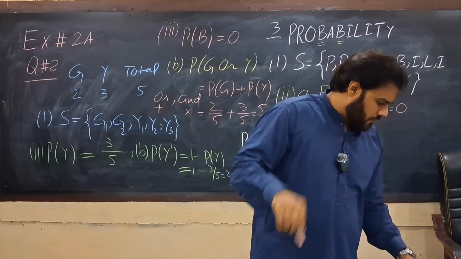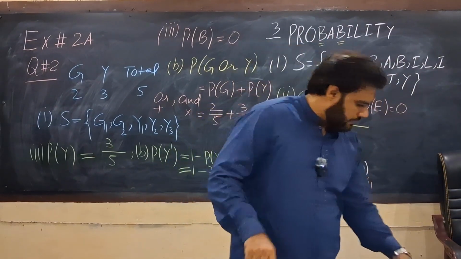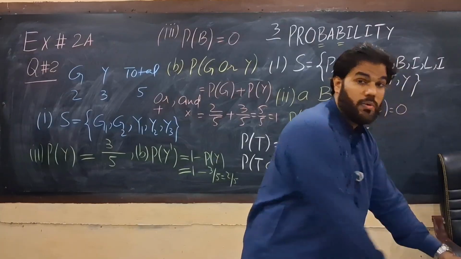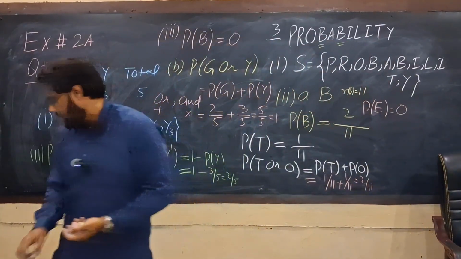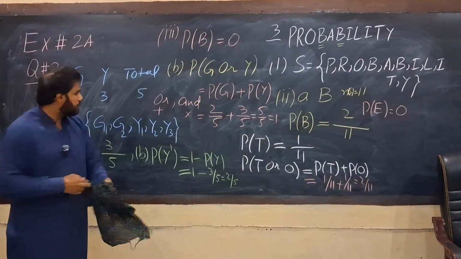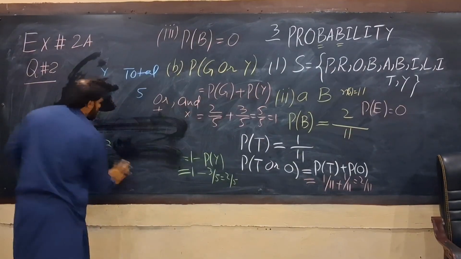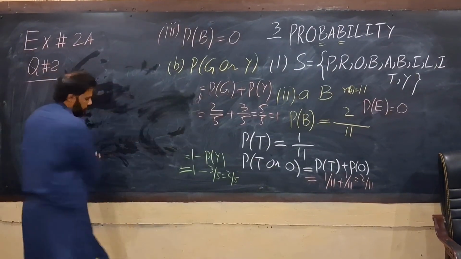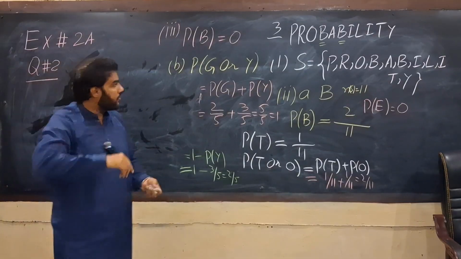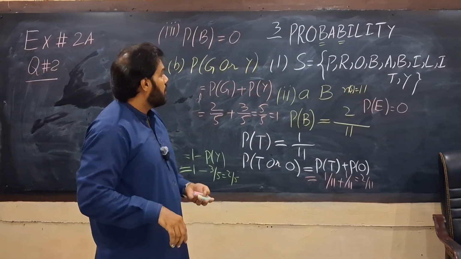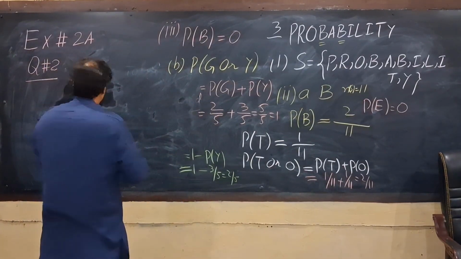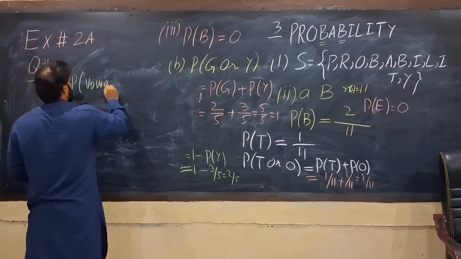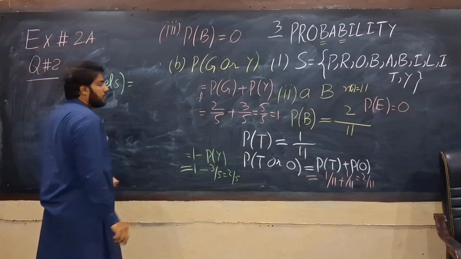Next is the third part. By using set notation for the respective events, find the probability that the letter chosen is a vowel. Now you have to find the probability of vowels. In the spelling of probability, how many letters are vowels here?